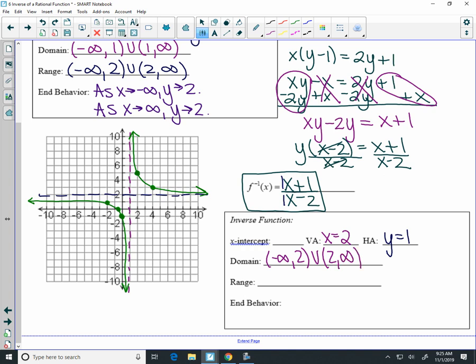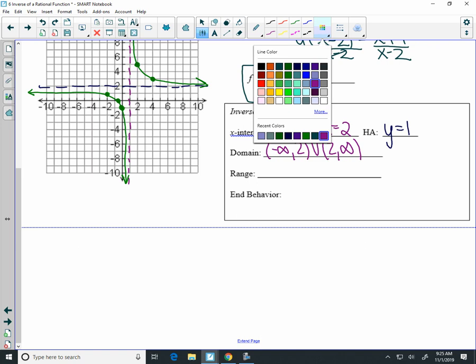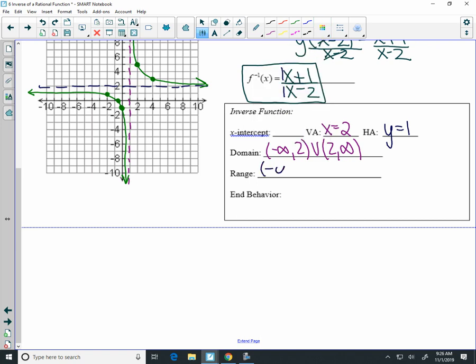Range, we're going to exclude our horizontal asymptote, negative infinity to 1. Again, that should be flipped from above as well. End behavior is based on our horizontal asymptote here. We are approaching 1.